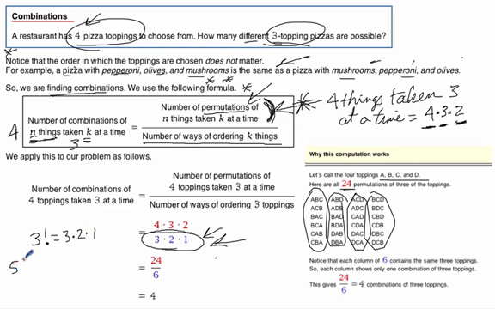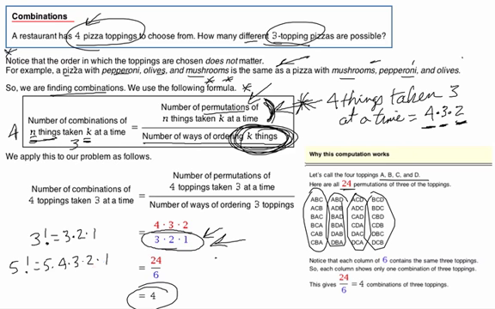If it was 5 toppings, 5 factorial is 5 times 4 times 3 times 2 times 1. That's what this bottom is going to look like all the time. It's the number of k things, so k times 1 less times 1 less, all the way down to 1. And that's going to give you the correct answer every time.